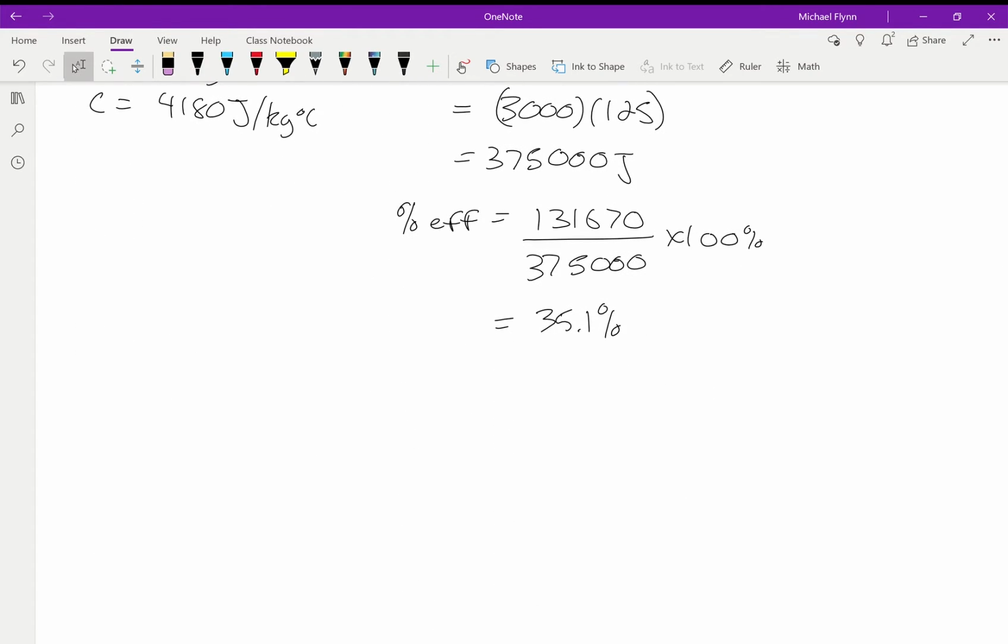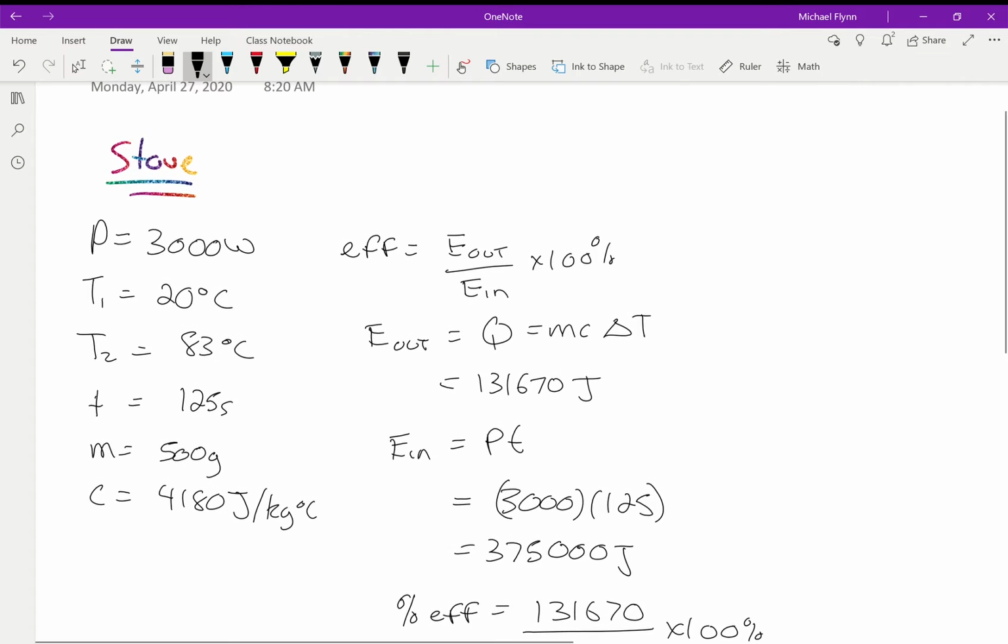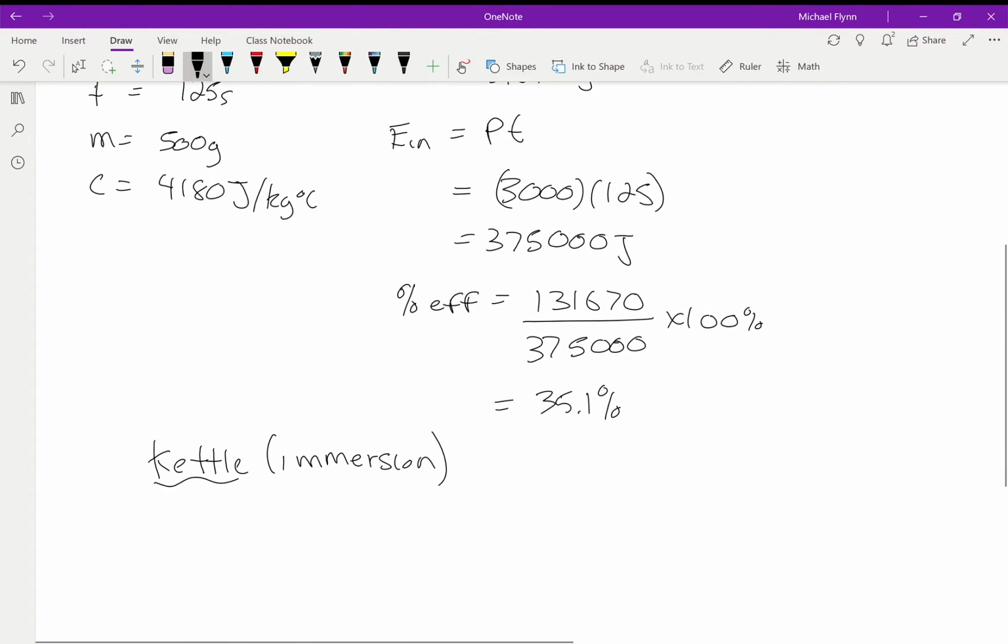Now what I'm going to do in this document is I'm going to write down the data for the other two heaters. Let's start with the kettle. Now, kettle is also a heater by conduction. So this one is just a stovetop, it's conduction, through the element underneath.